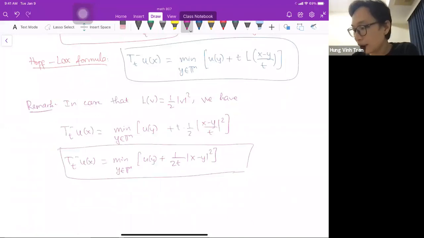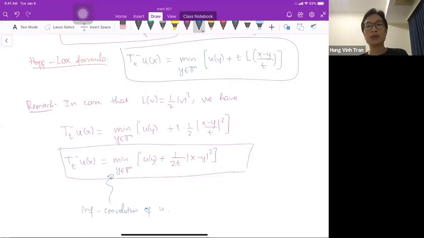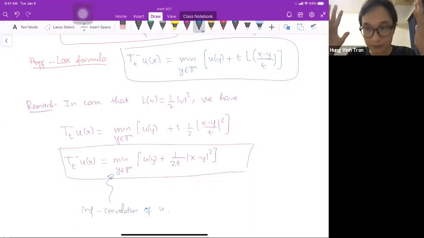And in the literature, this formula in particular is the so-called inf convolution of u. So you're given a function u that is merely continuous, and then you do inf convolution.